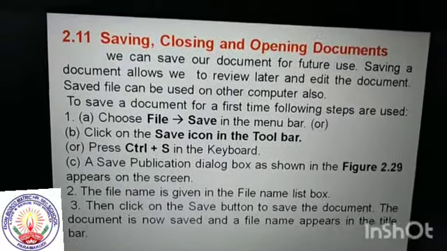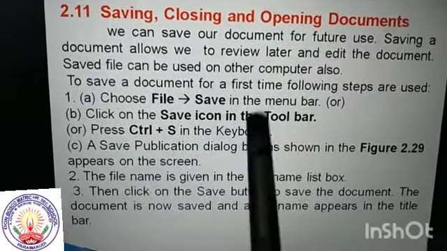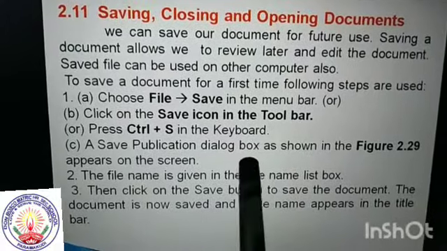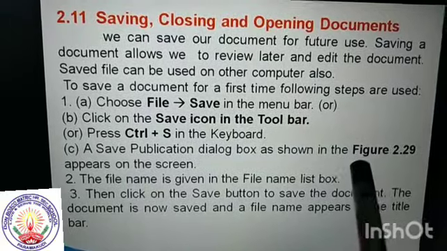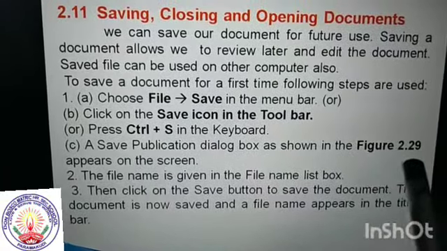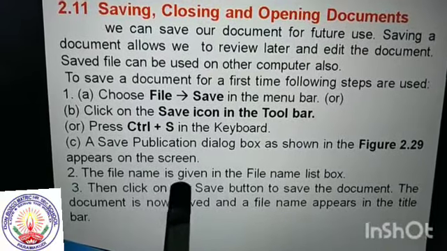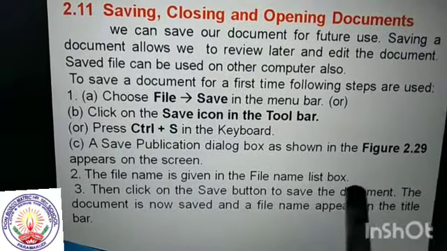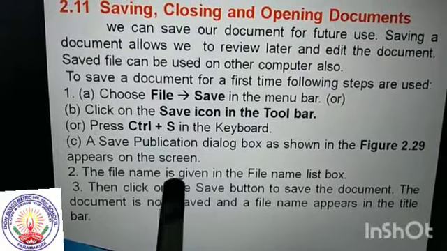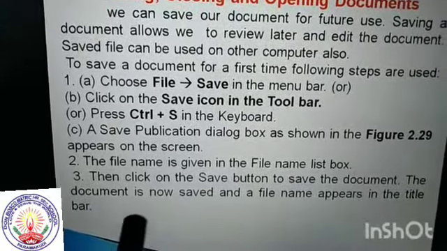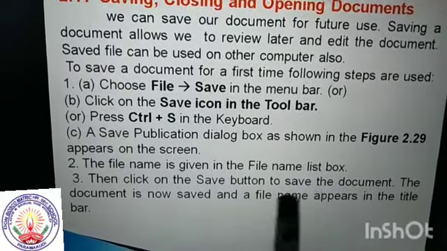If you use any of these, the Save Publication dialog box, shown in your book as figure 2.29, appears on the screen. You should type the file name in the file name list box. Then click on the Save button to save the document.